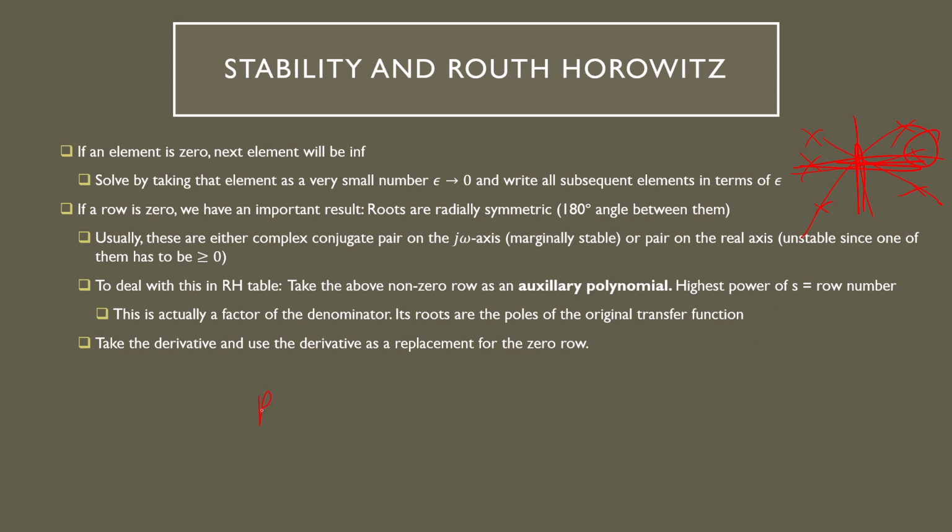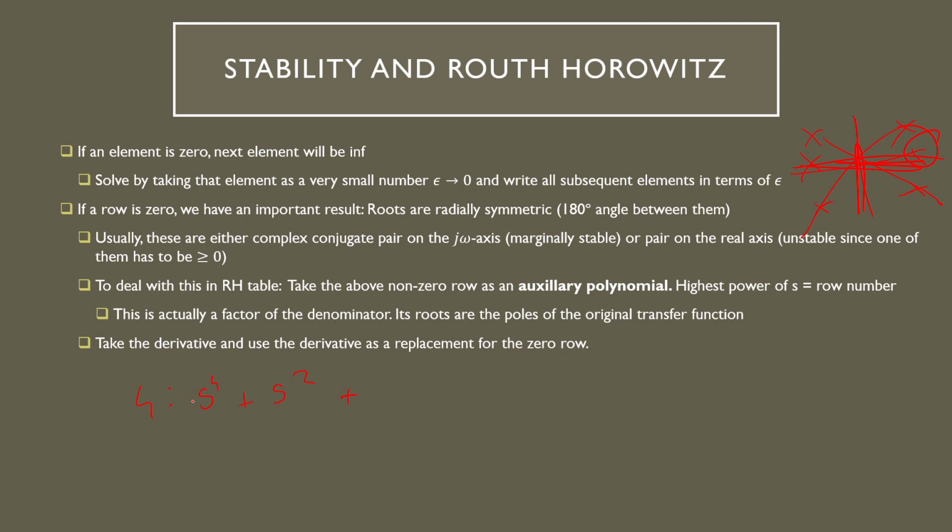So going back to that previous example, if I have the 5, 4, 3, 2, 1, 0 rows, and I know the third row turns out to be a 0 row, I take the fourth row, which means it is s to the power 4 plus s squared plus something and so on.